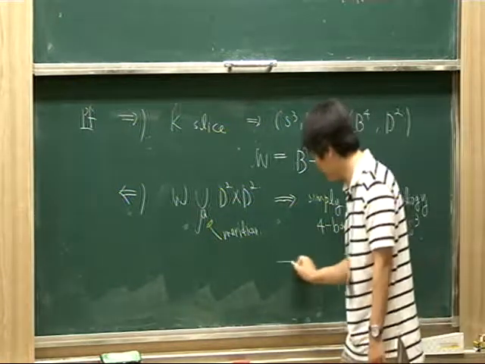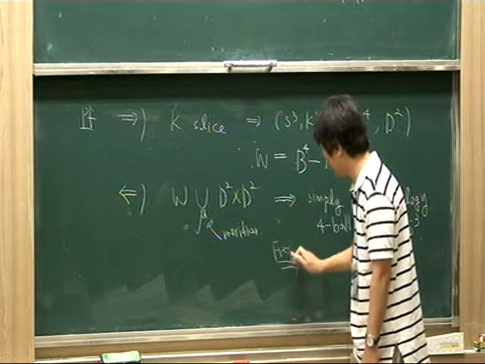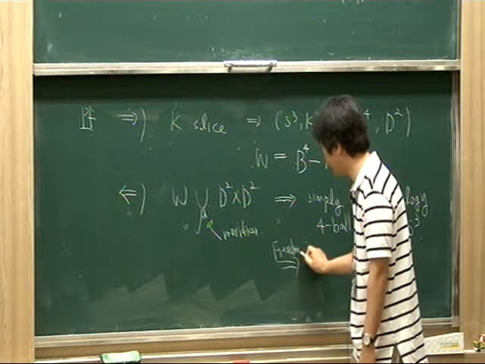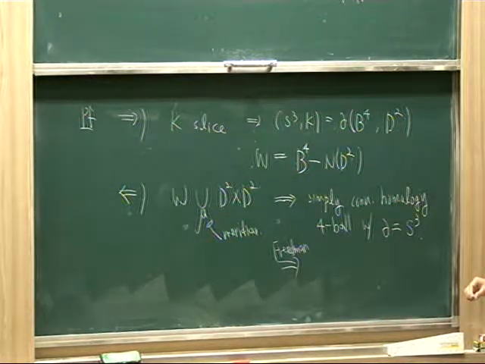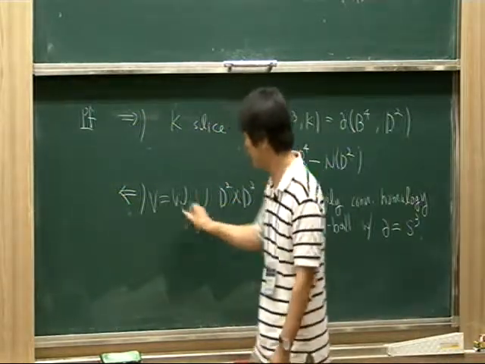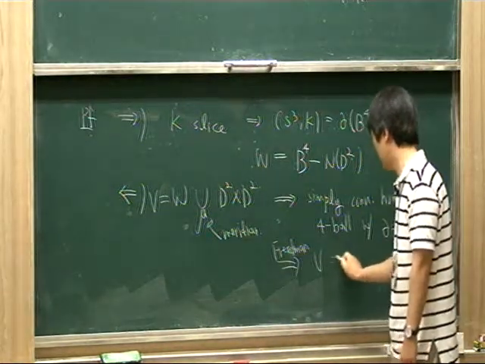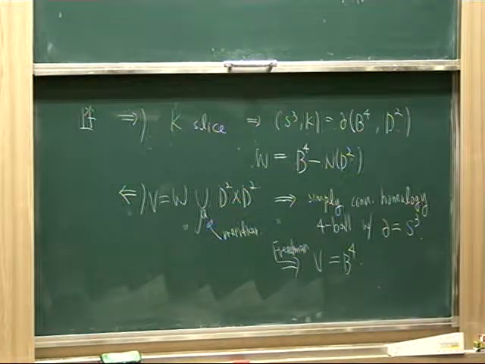Then we can use the heavy machinery by Freedman, the four-dimensional surgery theory, which I don't know much about. It tells us that this manifold V is just the standard four-ball.